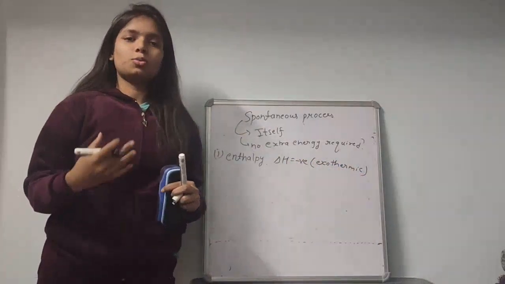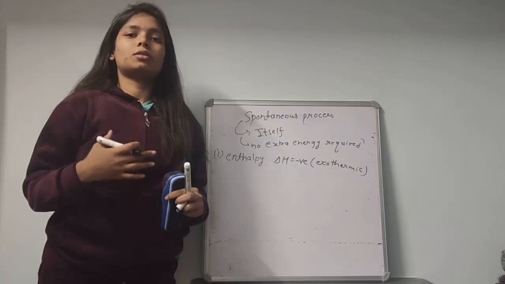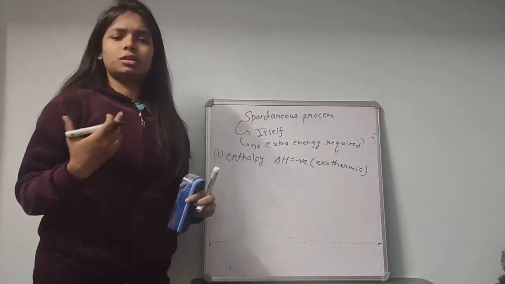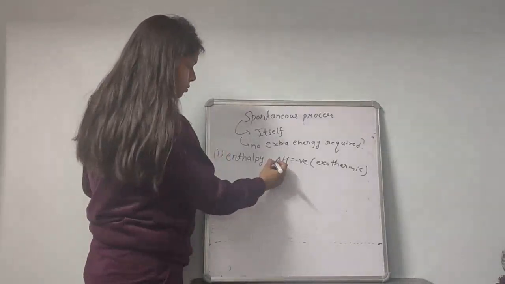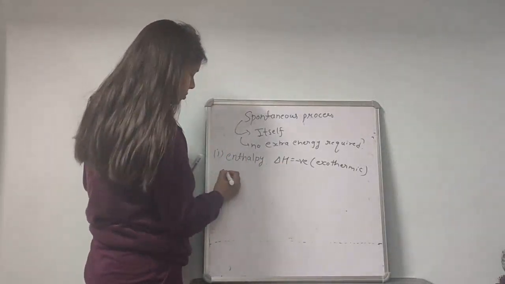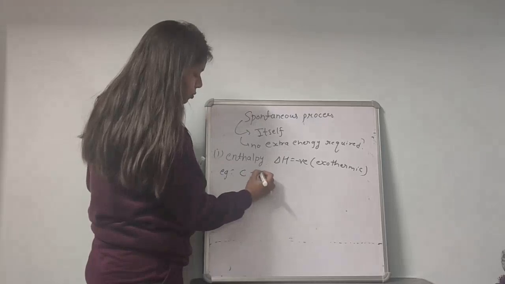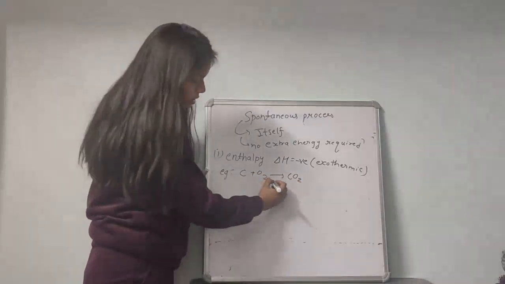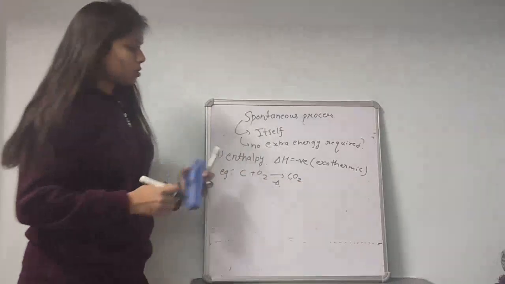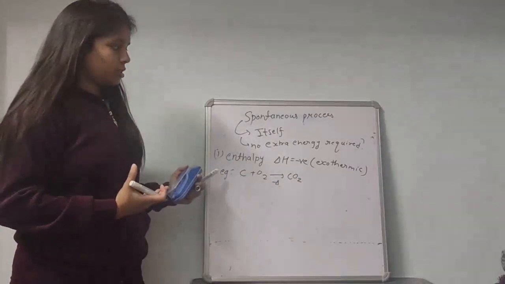It is a reaction in which energy or heat is released during the reaction. Let's take one example: C plus O2 gives CO2. In this reaction, the heat is released, so it is considered a spontaneous reaction.